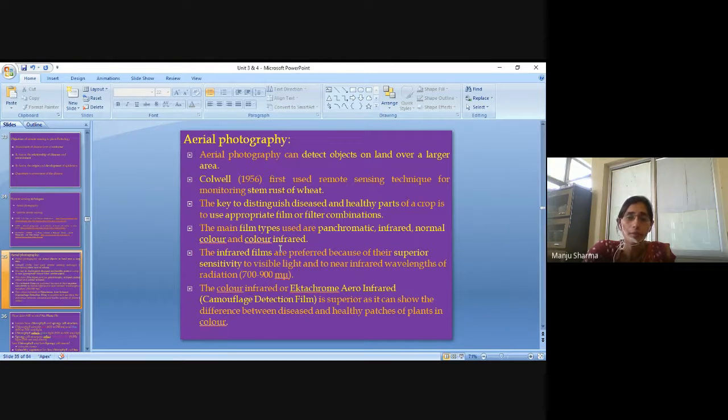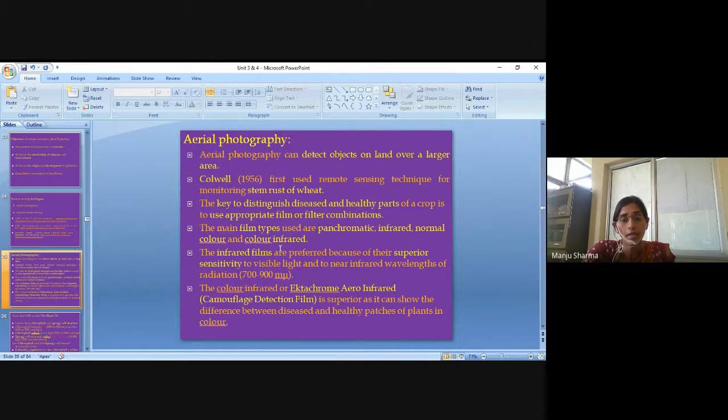The infrared films are preferred because of their superior sensitivity to visible light and to near infrared wavelengths of radiation, 700 to 900 nm.